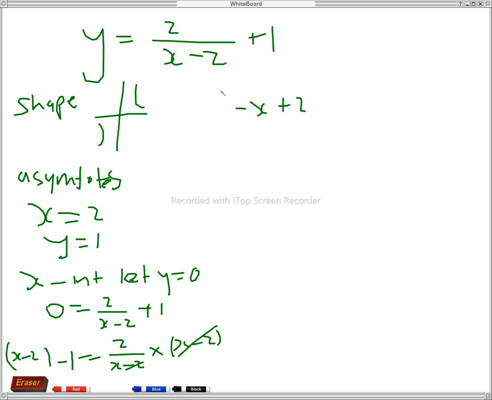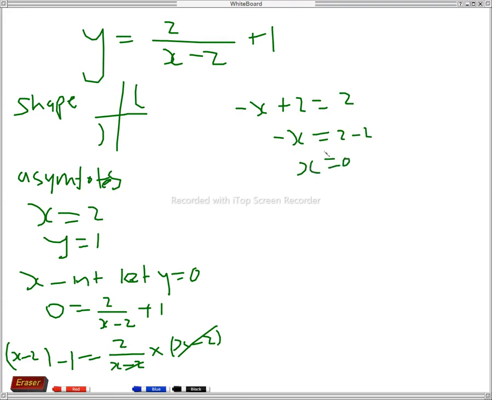On my right hand side I'm having 2. I take 2 to the other side, and 2 minus 2 is 0, so x is 0.